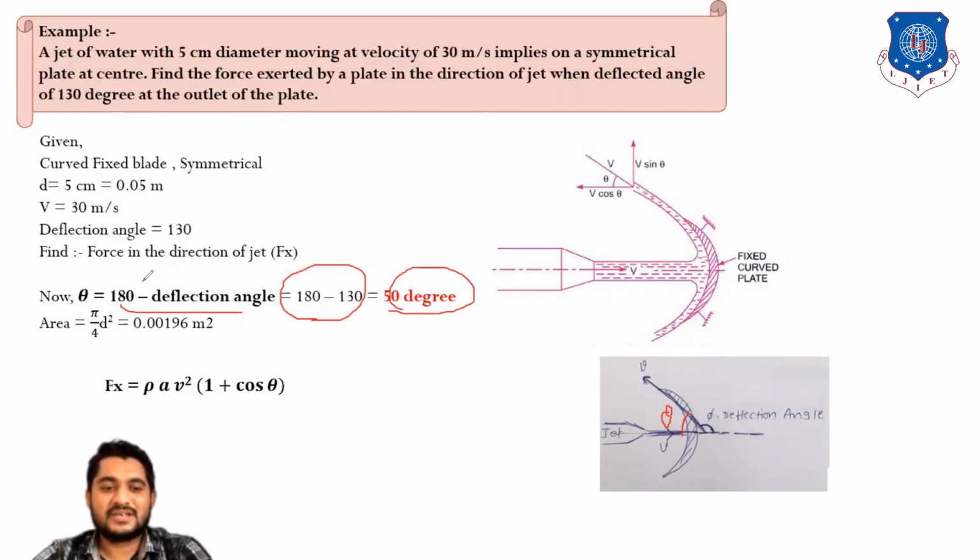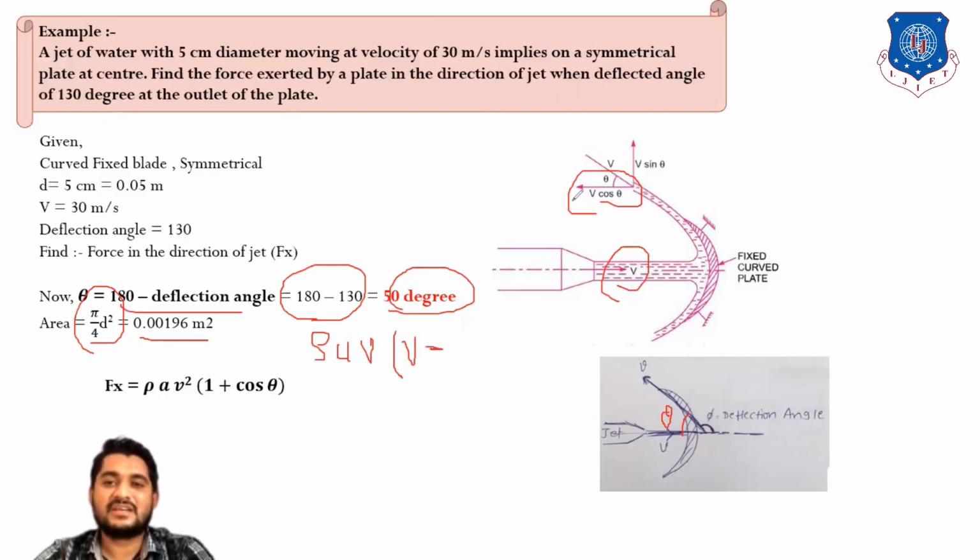Then area of jet means pi by 4 d square, so area will be 0.00196 meter square. For the Fx value, we take mass flow rate into velocity in x direction minus velocity after striking the blade. Clear? So let us derive. Mass flow rate is rho a v. v1x means velocity before striking the blade, that means v, and the velocity after striking the blade is minus v cos theta.